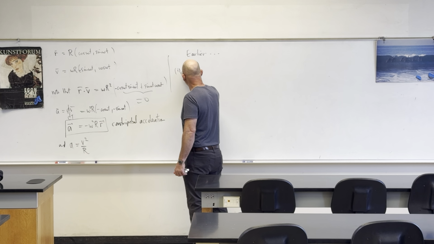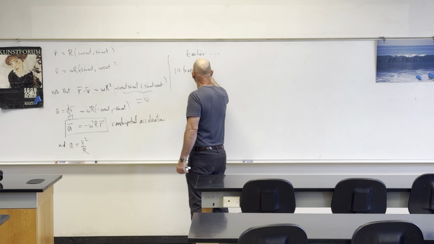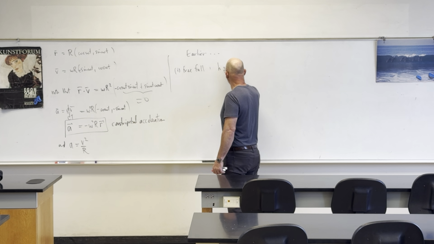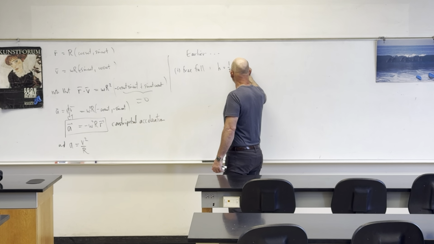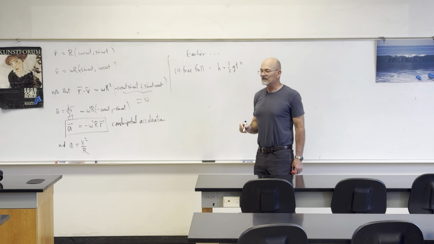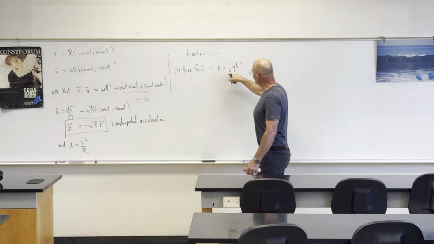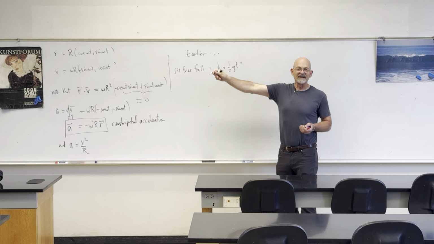We had free fall, and I'm just going to put h equals 1/2 g t squared. This is right at the very beginning, but we've done a bit of free fall. So that would be just the distance time squared law to release something from rest.